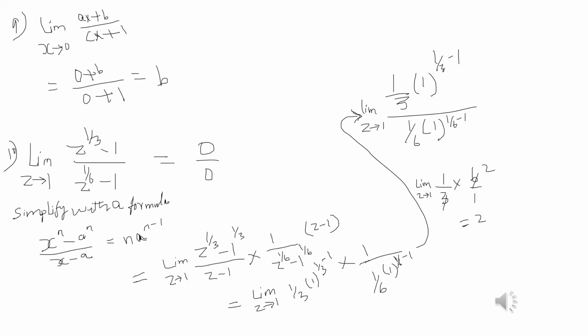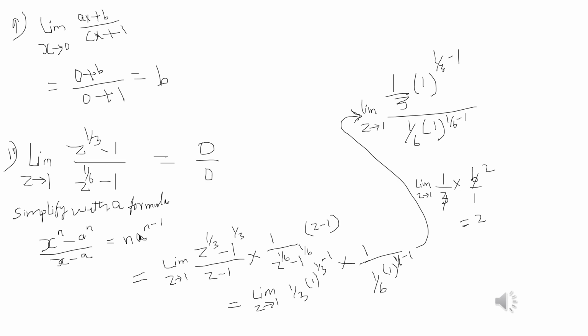In the steps below, I multiply and divide by z minus 1 so that we get the form where, for the first expression, n is 1 by 3 and a equal to 1, and we substitute the particular values. For the next expression, 1 divided by z to the power of 1 by 6 minus 1 to the power of 1 by 6, it comes as 1 divided by 1 by 6 into 1 to the power of 1 by 6 minus 1.